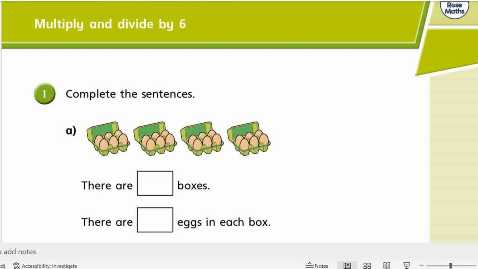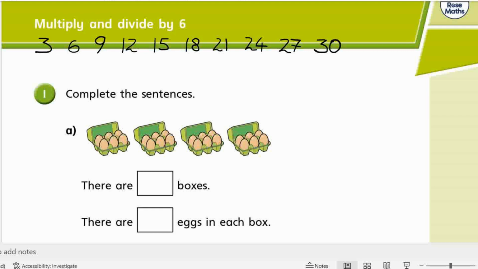Good, 3. 2 times 3? 3 times 3? 4 times 3? 5 times 3? 6 times 3? 7 times 3? 8 times 3? 9 times 3? Look at the last number and add 3. And 10 times 3.